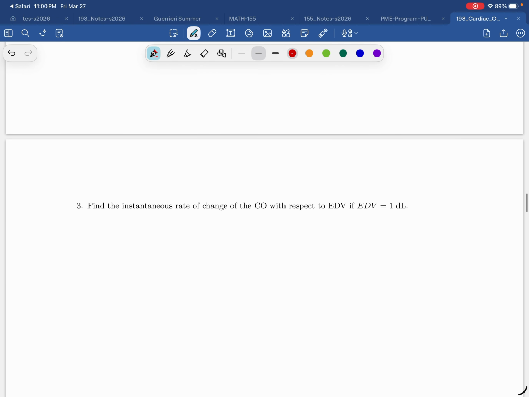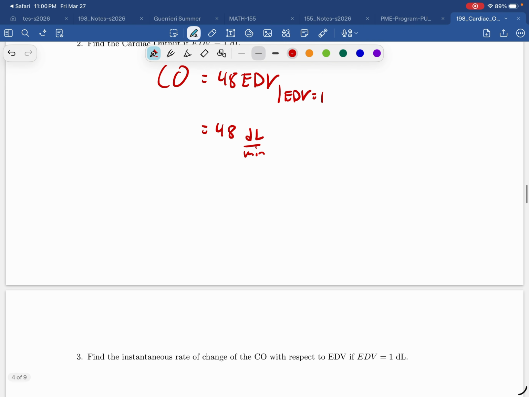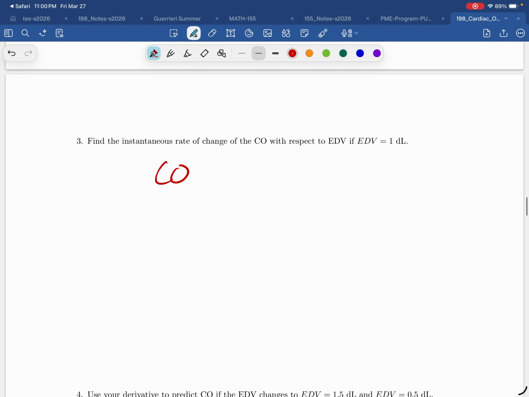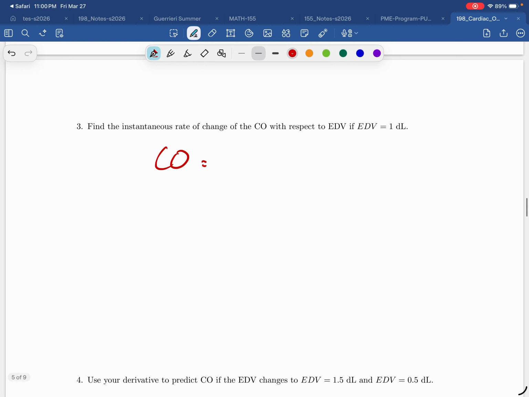All right, so now at this point, finding the instantaneous rate of change of the cardiac output with respect to EDV, if EDV equals 1 deciliter. If CO equals 48 EDV, then the derivative of cardiac output with respect to end-diastolic volume is going to be 48. Now, what are the units going to be?